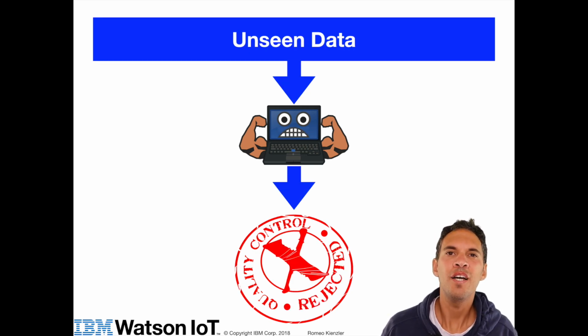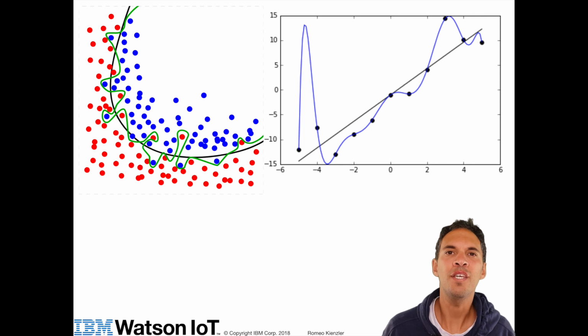So let's consider a classification and a regression example. On the left hand side you see a classification boundary. So what do you think, which of those two lines are good classification boundaries? One line tries to classify each and every data point correctly. On the other hand, the other line is not.